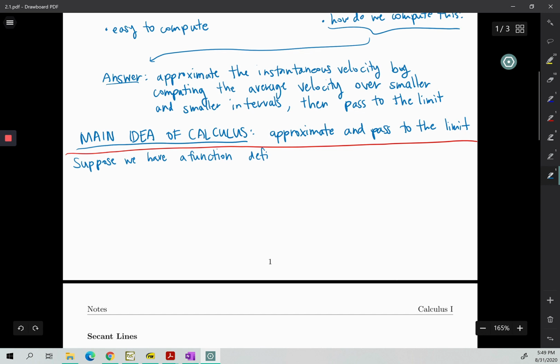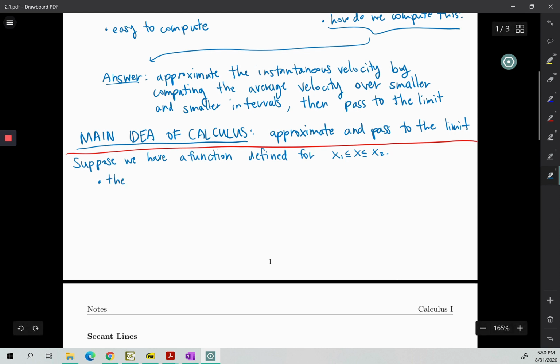defined for x between x1 and x2. By that I mean that its domain at least contains the interval from x1 to x2, and it could be larger. Okay, then two things.